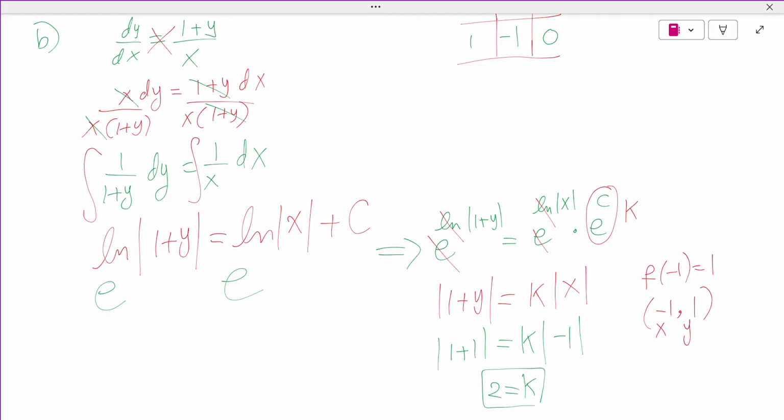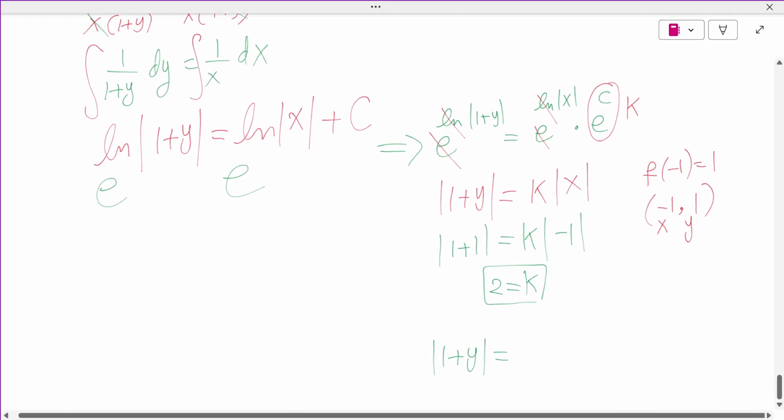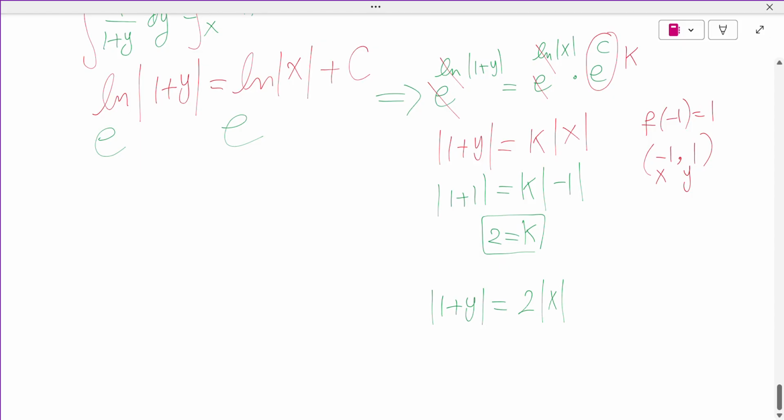K equals 2. So we have 1 plus y equals 2 times the absolute value of x, right? We can drop the absolute value from the left side, right? So we've got 1 plus y equals 2 absolute value of x. We can get the 1 to the other side, so y equals 2 absolute value of x minus 1, right?